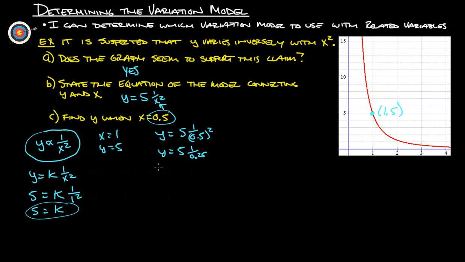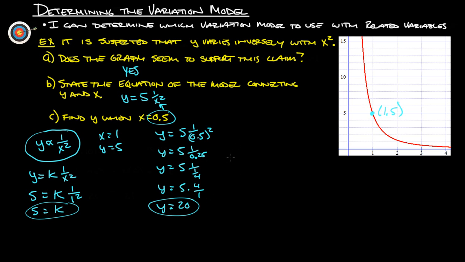You could multiply 5 divided by 0.25, or you could say 1 over 0.25 is 1 over 1/4. If you flip this 1/4 over, it's really y equals 5 times 4 over 1. So y in this case is just going to equal 20. If you take 5 and divide it by 0.25, you're going to get 20 as well.